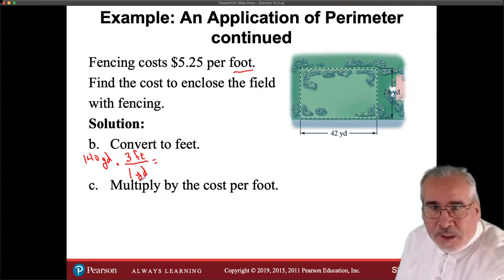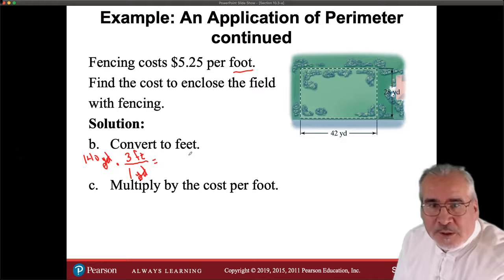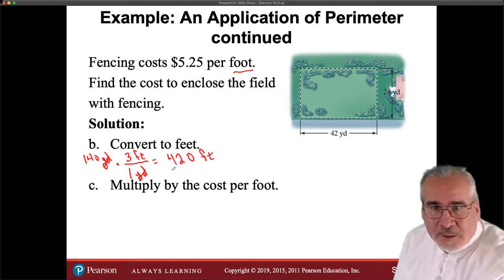The yards are going to cancel, leaving us 140 times 3. 4 times 3 is 12. Carry the 1, 3, 420 feet. So that's how much fencing we need.